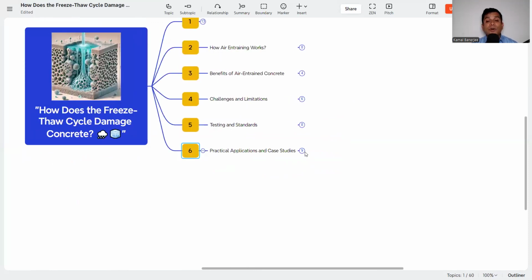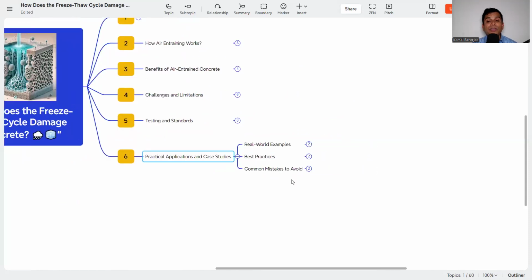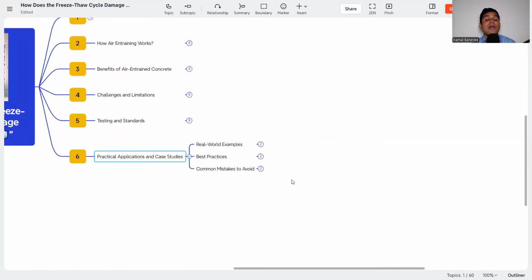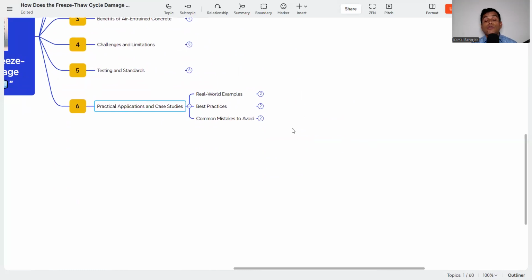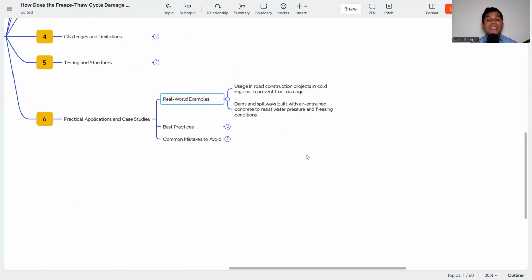Now, what are the practical applications, where we can use air entrained concrete to mitigate the Freeze-Thaw cycle? First, what are the example uses? Road construction projects in cold regions, to prevent frost damage. In cold regions, where roads are being constructed, it is very useful to prevent damage due to the Freeze-Thaw cycle.